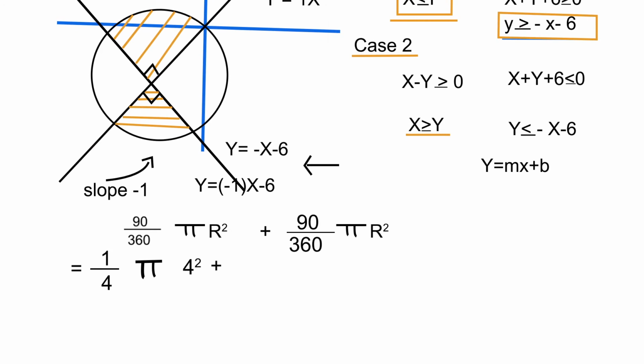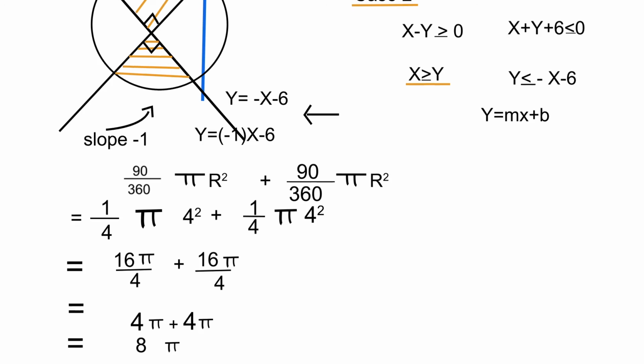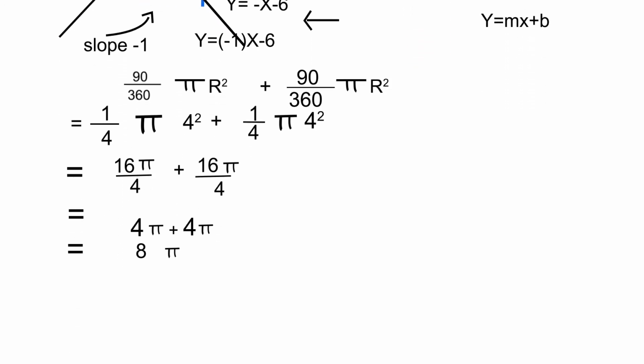So 1/4 pi 4 squared. So this gives us 16 pi over 4 plus 16 pi over 4. And that's 4 pi plus 4 pi, which is 8 pi. So 8 pi is the answer.